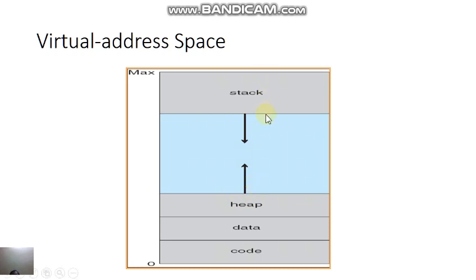Likewise the stack can grow its boundaries downwards when it needs to handle certain function calls. So you can see things are starting from 0 to the max. There is a heap and there is a stack to control the storage of data and also to manipulate or control the function calls.